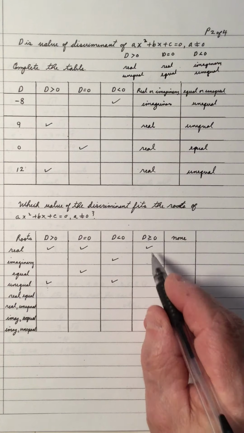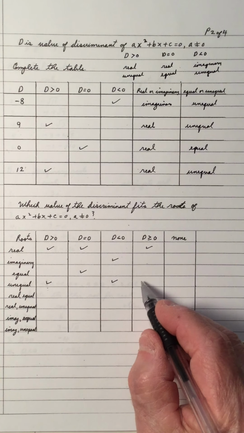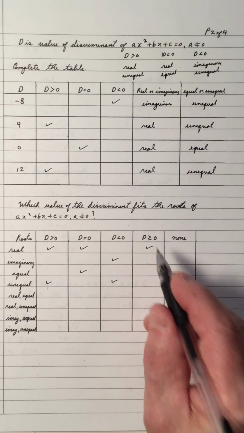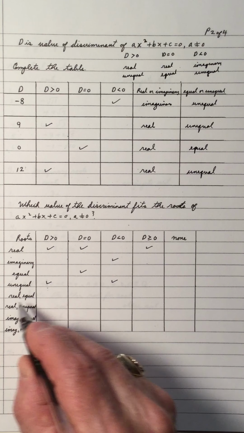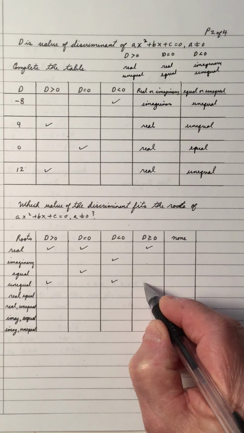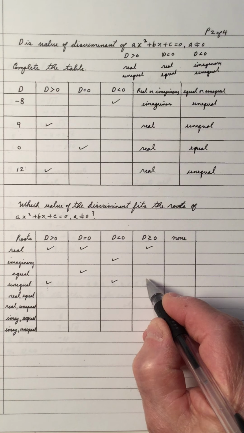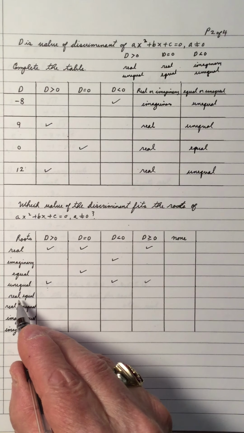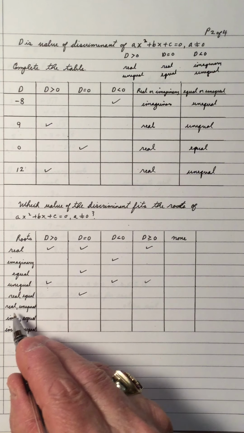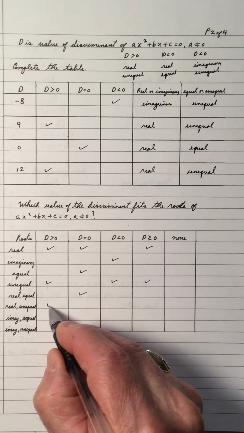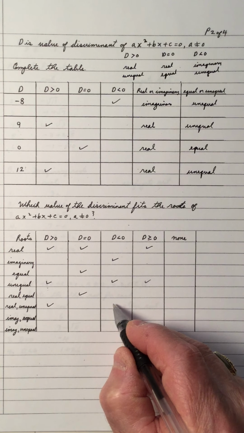We can have greater than 0 but not equal to, so it can't be this one. Real equal roots must be D is equal to 0. Real unequal roots, D is greater than 0, and that's it.